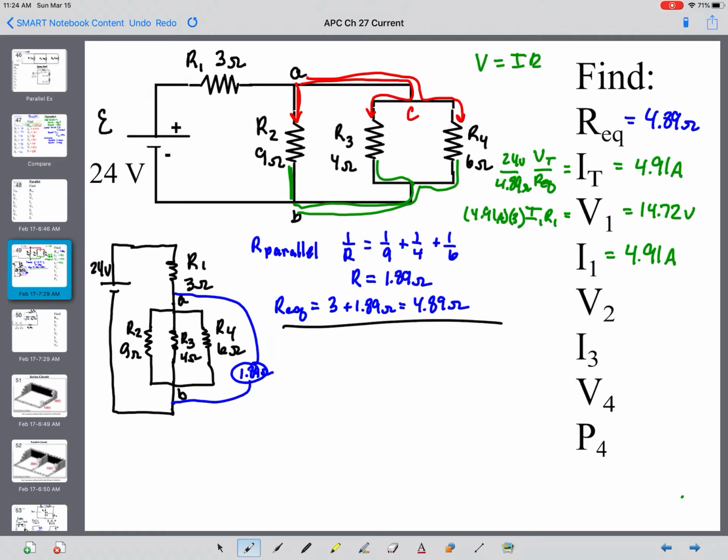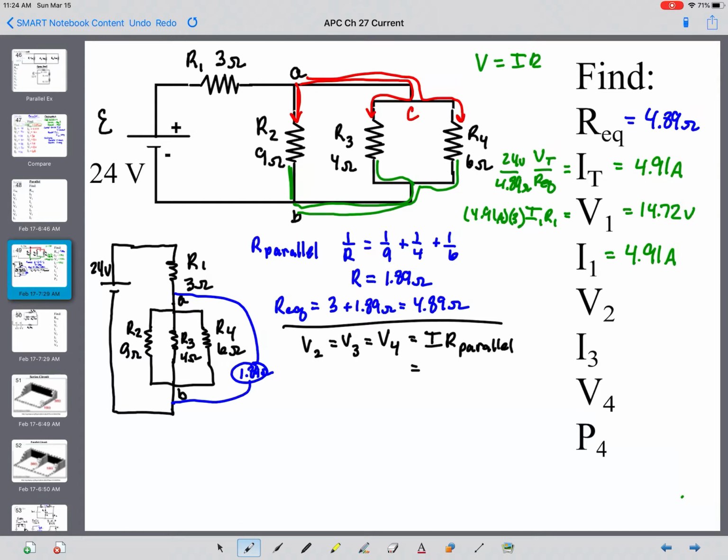Looking at V2, because you're in a parallel network, V2, V3, and V4 are equal. Each of those are equal because they're in parallel and because there is a single resistor in each branch. So they have to be equal to each other. So then I can go I times R for the entire parallel.